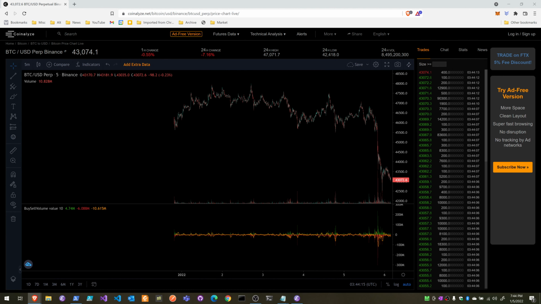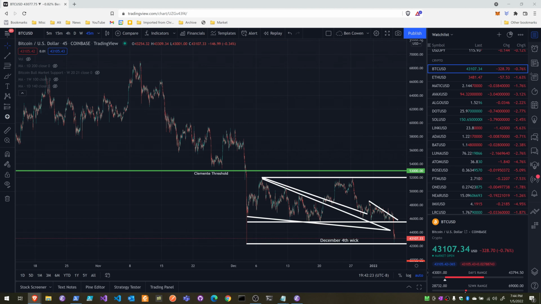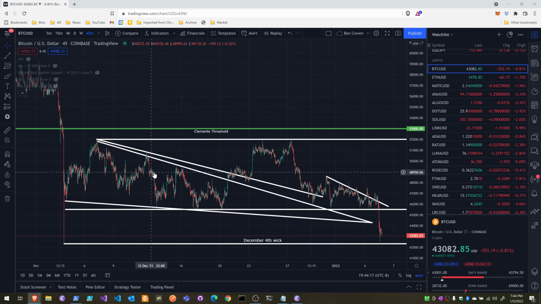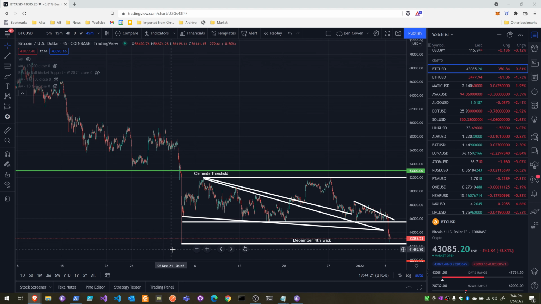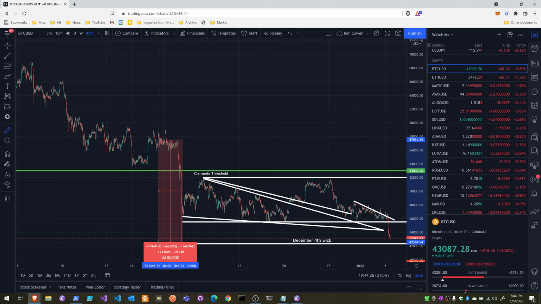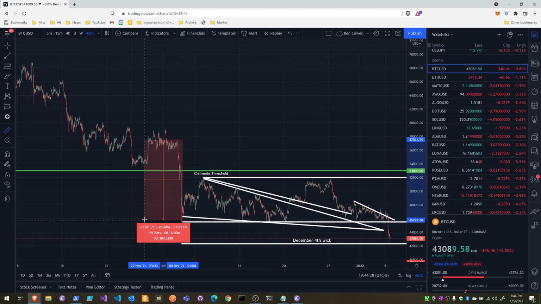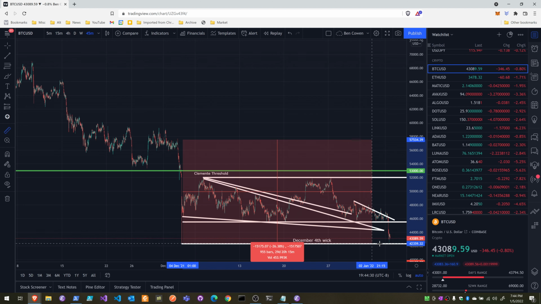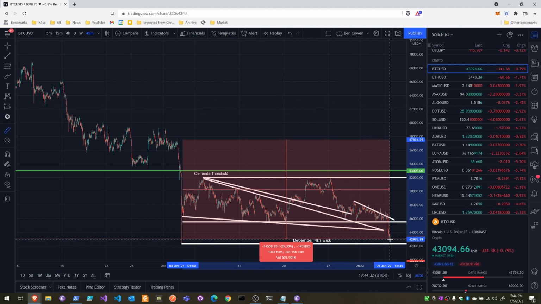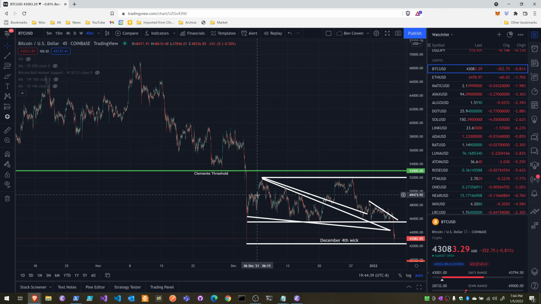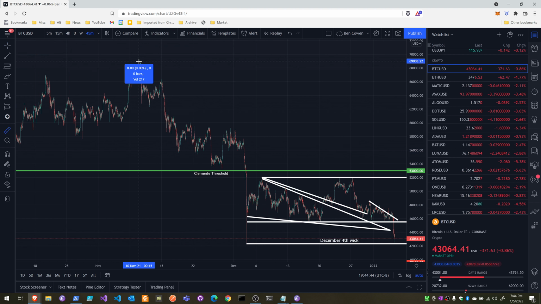So let's go back, and I'll just show you that. If you're not familiar, I'm going to try to really break it down for you. Here's the chart of Bitcoin, and on December 4th you had this huge drop from here to here. It's like 26% down to the wick. And actually, while we're at it, we're down about 25% from that point. I believe we're 60% from the all-time high. Let's see, yeah, it's right here.